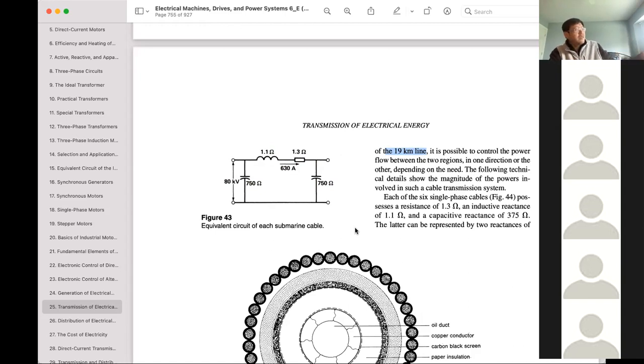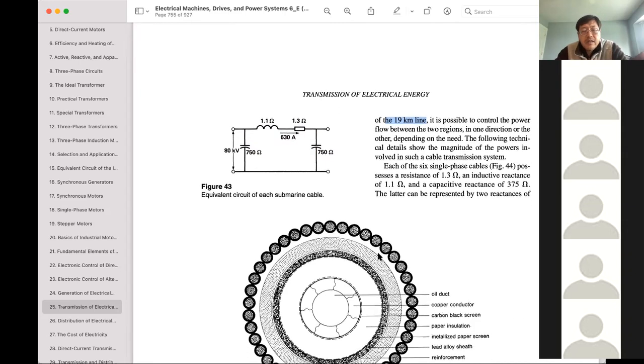My neighborhood, the power comes from underground cable. It just so happens that there is a substation about a mile or even less than a mile away, walking distance. I can literally walk through my neighborhood and reach that substation. So that's why it's very close, 10 miles.